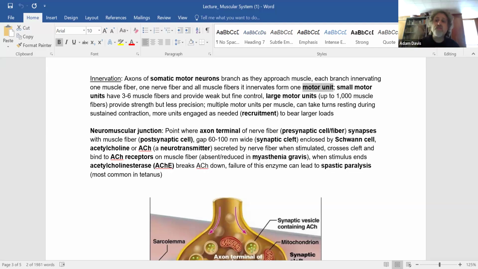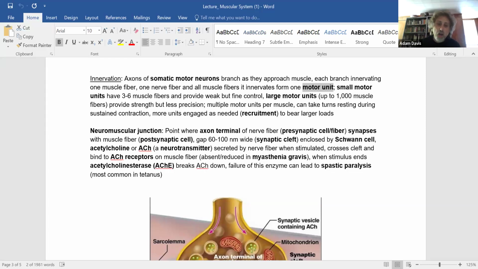You're generating a more forceful muscular contraction. The trade-off is there's less precision. More power, more force, but less control. So you're going to find more of those large motor units in muscles of your calves and back, places where the precision isn't as much needed, but the force is required.